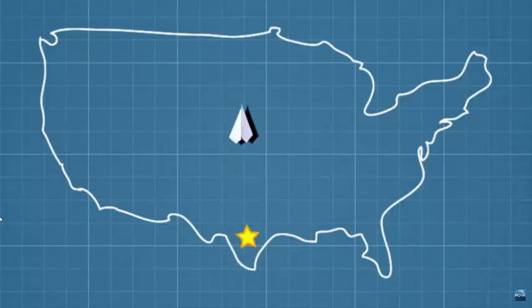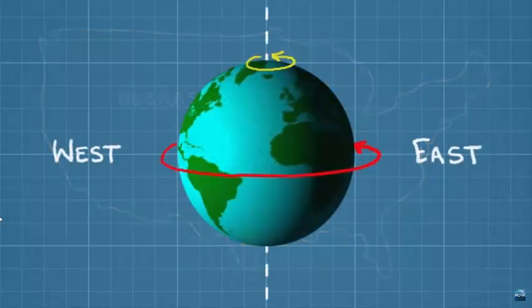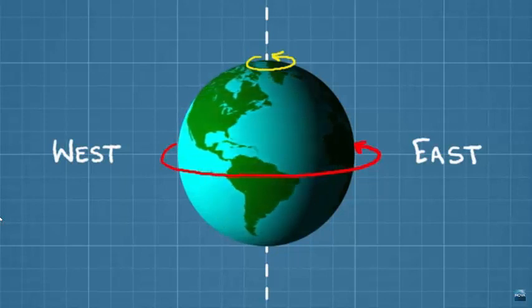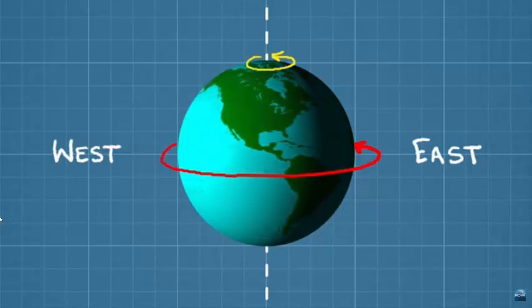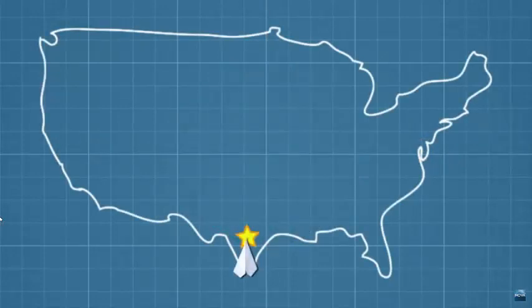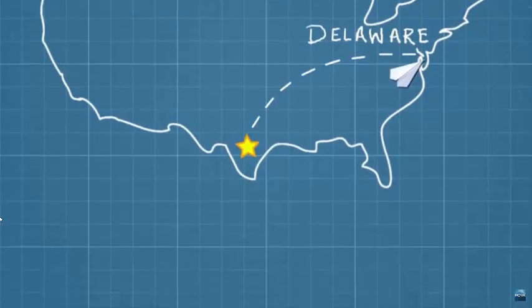But Texas is actually spinning around Earth's axis faster than Nebraska is, because it's closer to the equator. That means that the paper airplane is spinning faster as well, and when you throw it, that spinning momentum is conserved. So if you threw your paper airplane in a straight line toward the north, it would land somewhere to the right of Nebraska, maybe in Delaware. So from your point of view in Texas, the plane would have taken a curved path to the right. The opposite would happen in the Southern Hemisphere. An object traveling from the equator to the south would get deflected to the left.